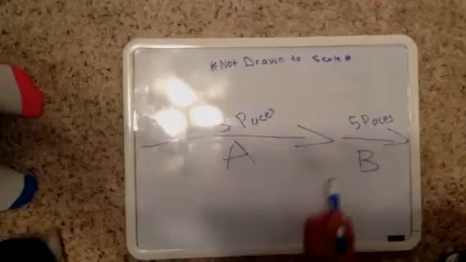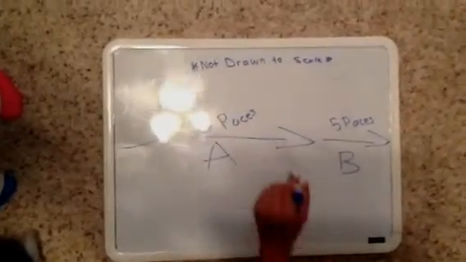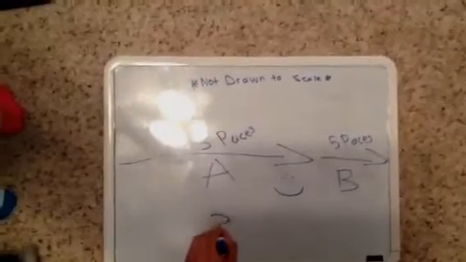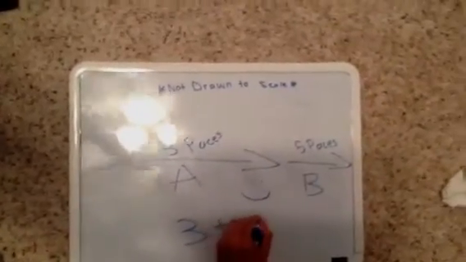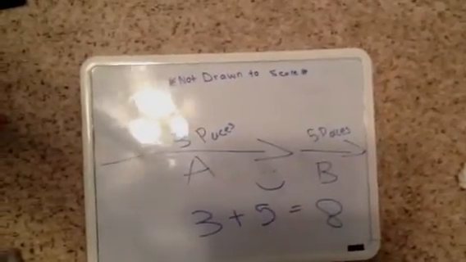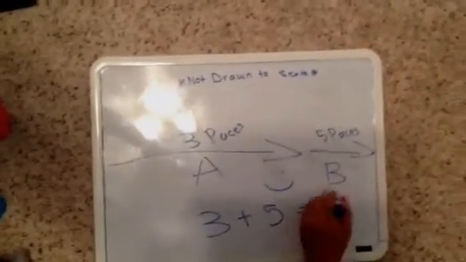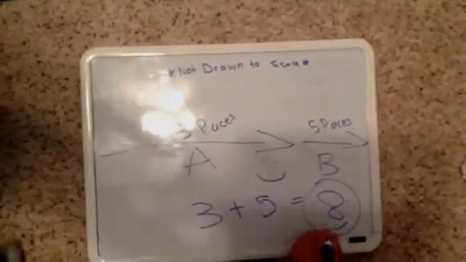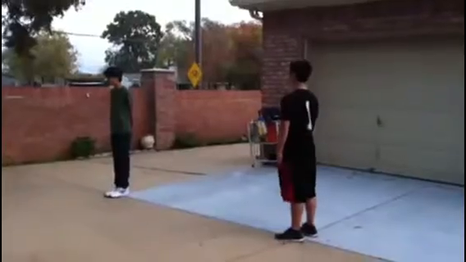Vector B will be represented by 5 paces. Now, to find the total displacement, all we have to do is add these vectors together. 3 plus 5 equals 8. So the total displacement in our demo is 8 paces.